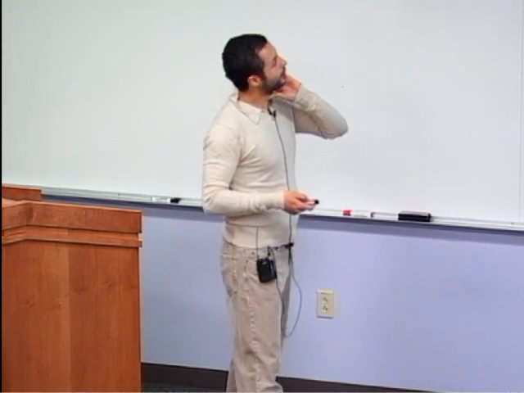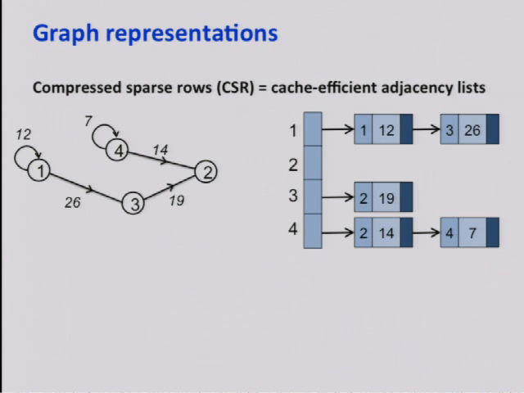So graph representations. This is a dummy graph that I use, just 4 nodes. It even has self loops, and all these italic numbers are the weights on the edges. And your textbook representation, adjacency lists, will have a vector of size 4, which has pointers to adjacencies, the outgoing edges of all of these vertices.